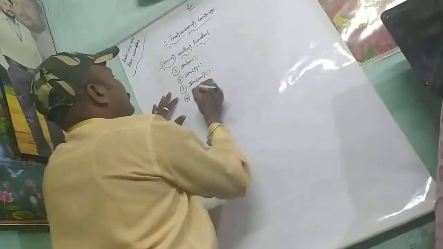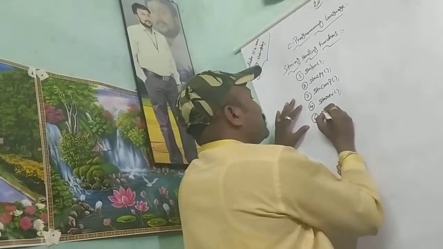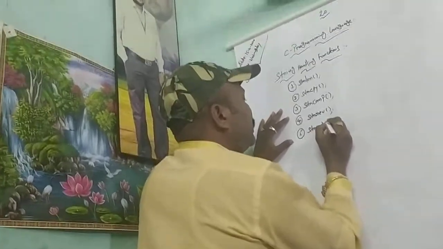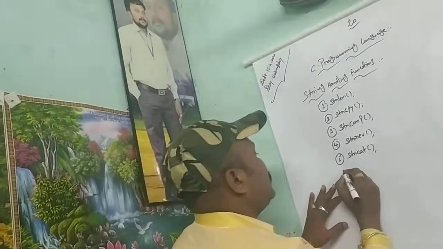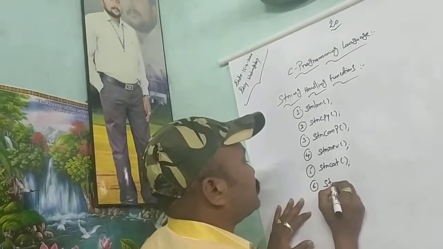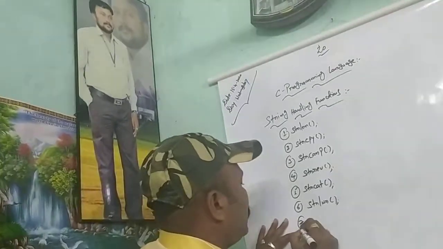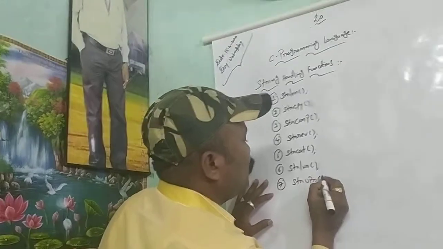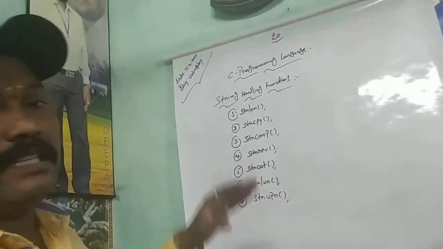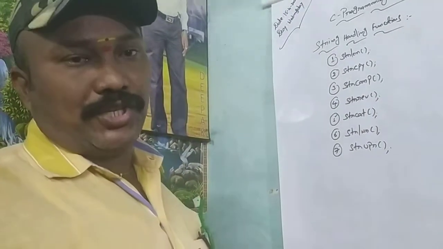The fifth one is string concatenation, strcat. The sixth one is string lower. The seventh one is string upper, strupr. These are the different string handling functions we are using in the C language.